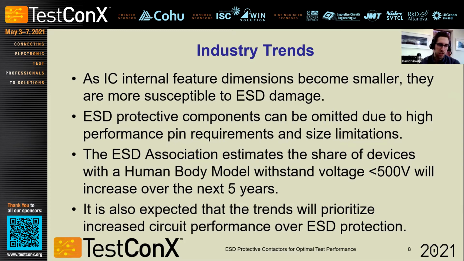For example, some performance degradation with RF signal lines, it might not be applicable in those cases. So in general, it's expected that circuit performance will be prioritized over ESD protection. So this means that the controls I mentioned before and possibly new controls like this ESP material will be necessary in the future for certain applications.